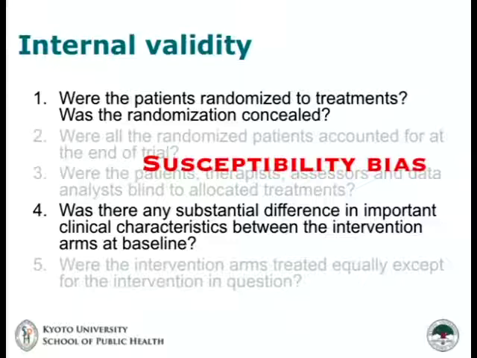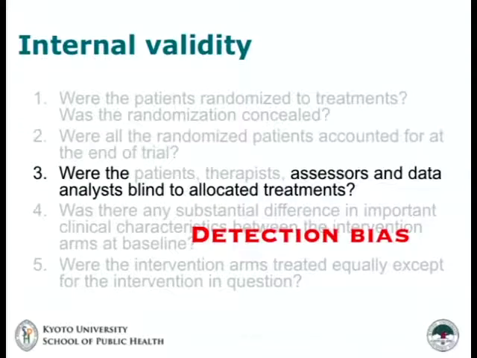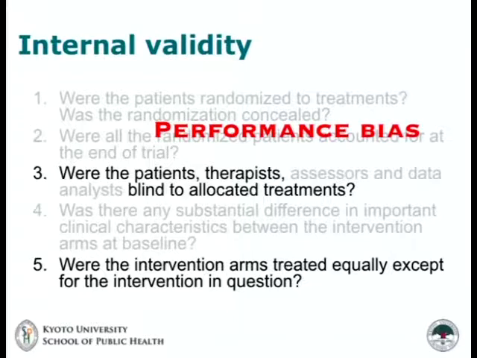Checkpoints 1 and 4 examine susceptibility bias. Checkpoint 2 examines transfer bias. Part of checkpoint 3 examines detection bias. And part of checkpoint 3 and checkpoint 5 examine performance bias.